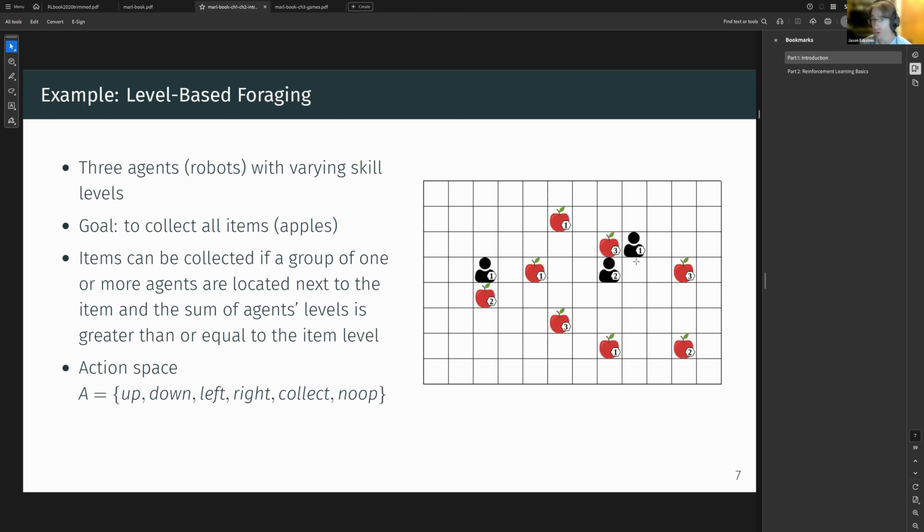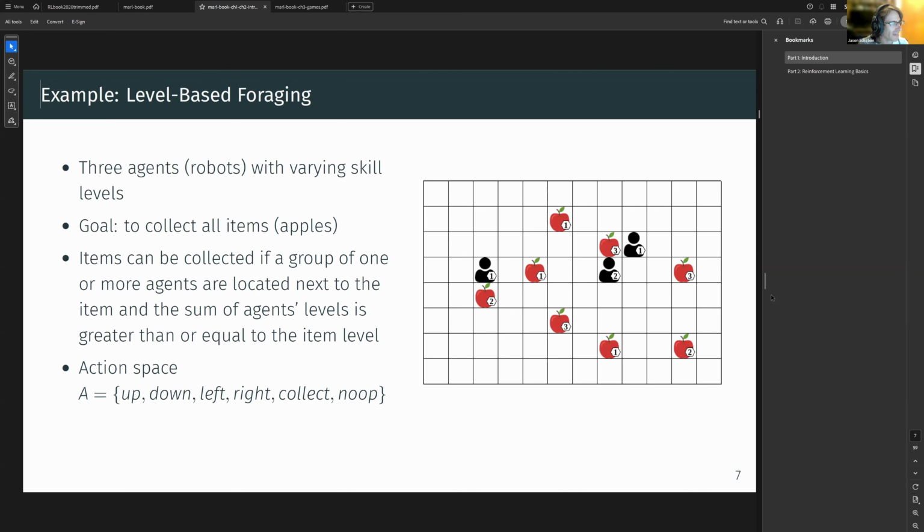It could also be set up as a common reward game where all the rewards are the same, but it's not necessarily cooperative. We'll see later some examples of how these games are defined, but they're often defined by how the rewards are structured for the different agents simultaneously.